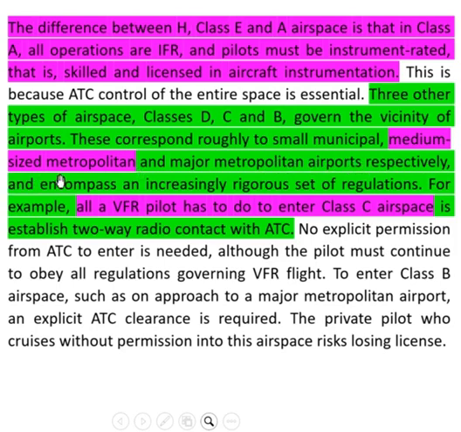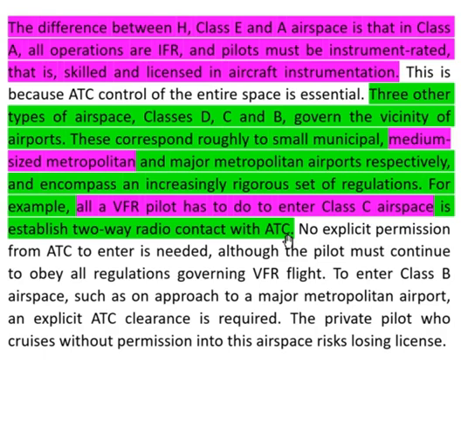For example, all a VFR pilot has to do to enter Class C airspace is establish two-way radio contact with ATC. Look at that. This part of the paragraph explains that a pilot can enter Class C airspace.